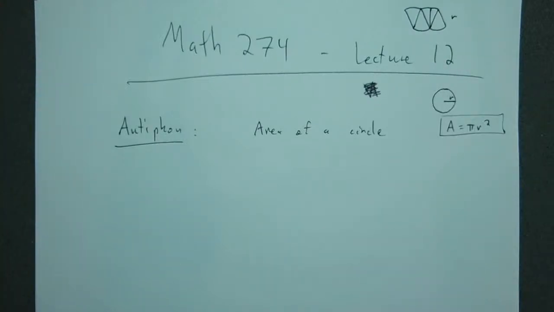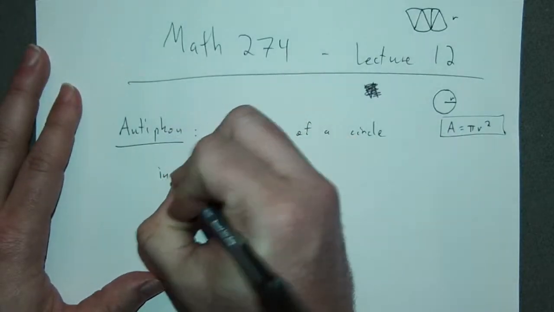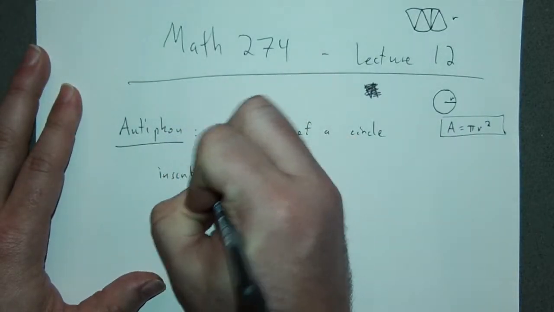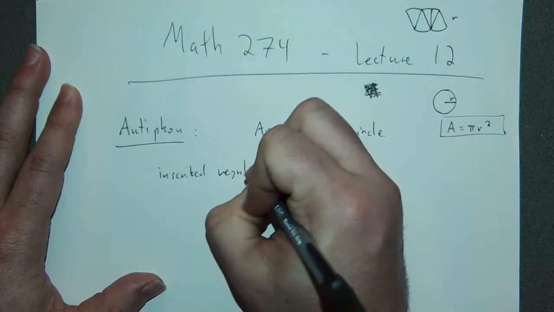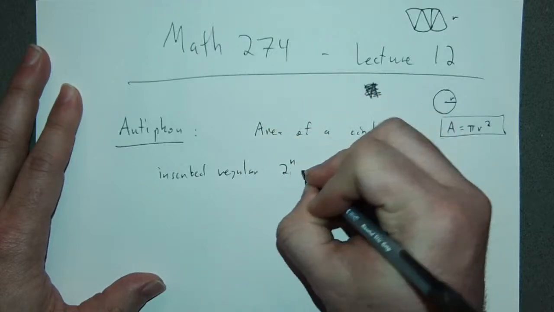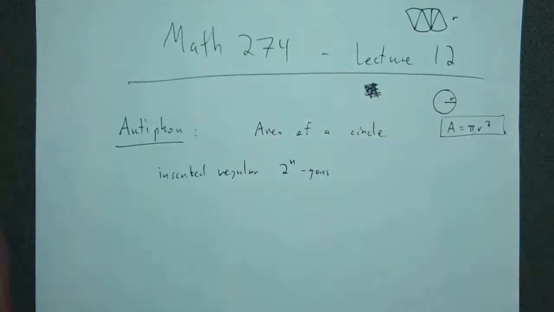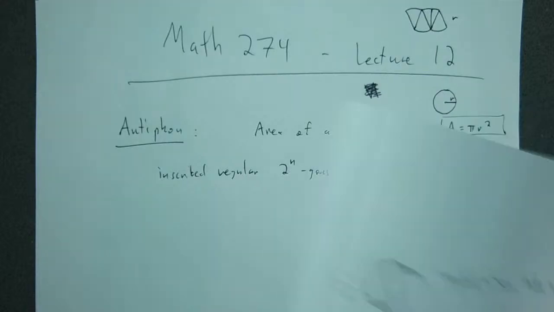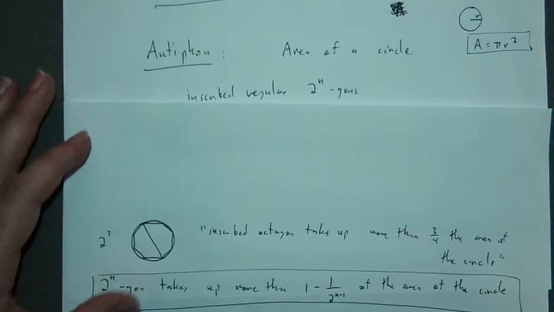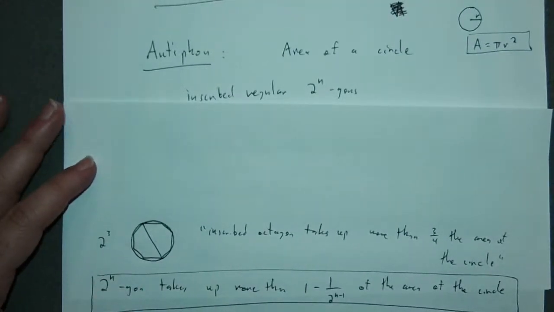So then, as I mentioned last time, the idea that Antiphon had was to consider inscribed regular polygons, in particular inscribed regular 2 to the n-gons. Here's an example of an inscribed regular octagon.